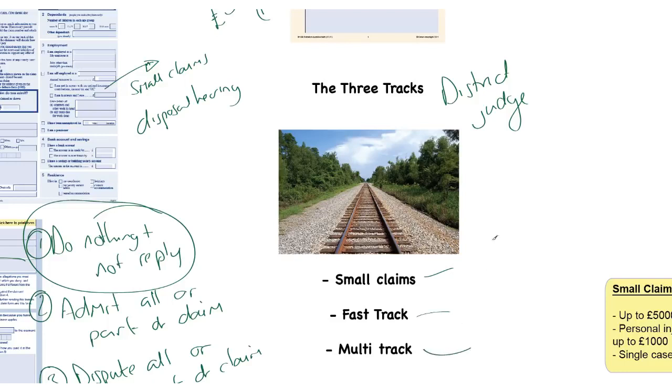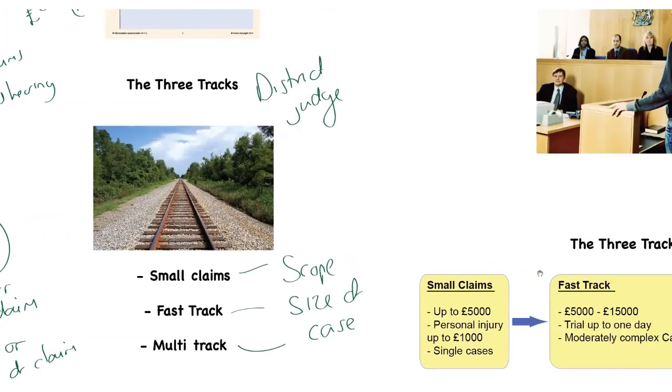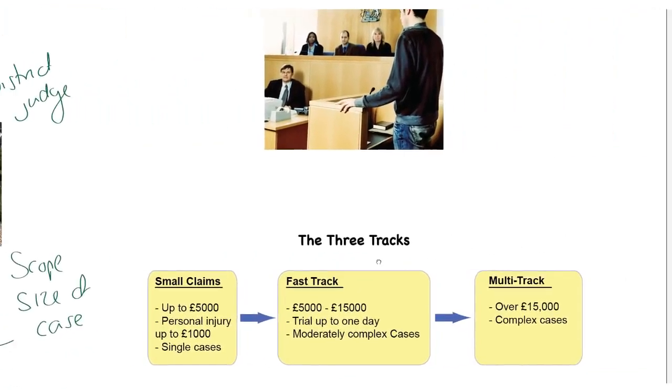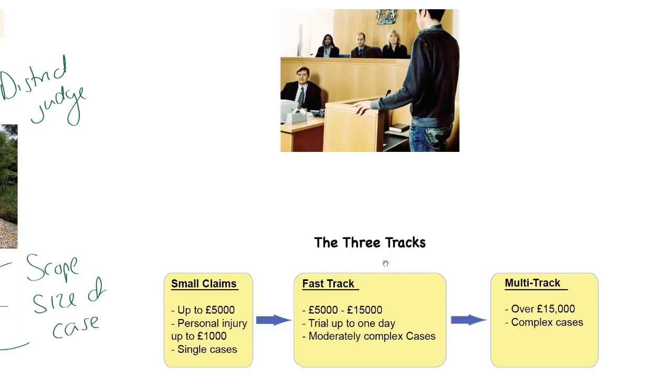And which one you use depends on the scope and the size of the case. Now, very, very frequently, AQA certainly will ask questions about the 3 tracks. And normally that's done by looking at the scenario and then expecting you to recognise what is the likely damages from this scenario, and from understanding the likely damages to be able to identify which track you'll go to.